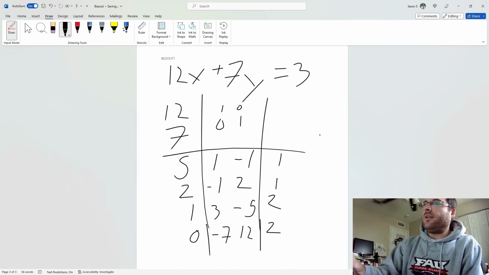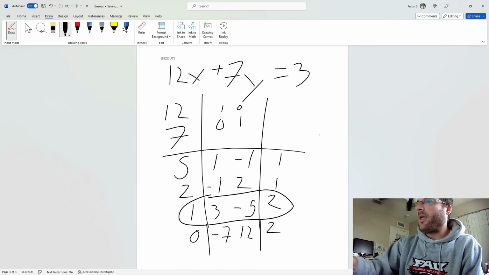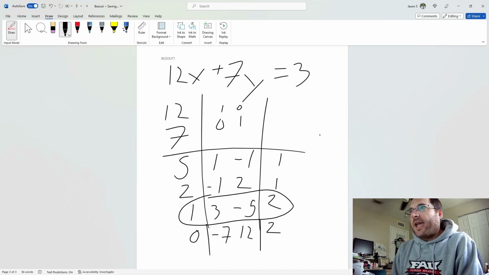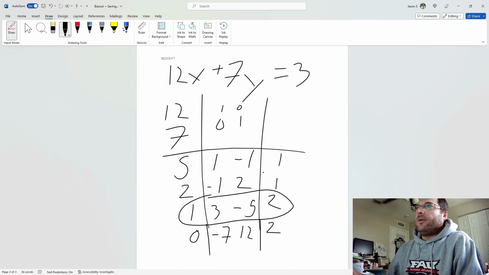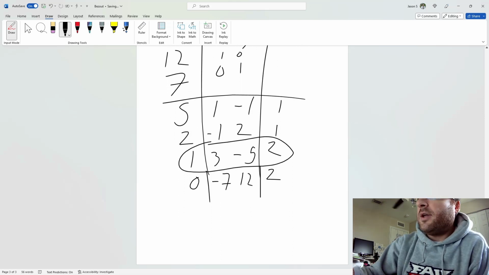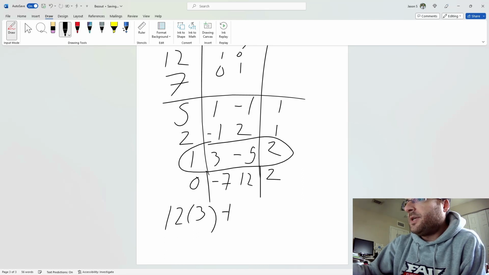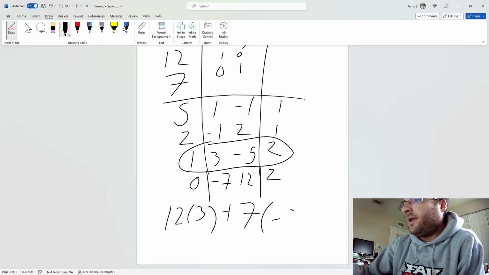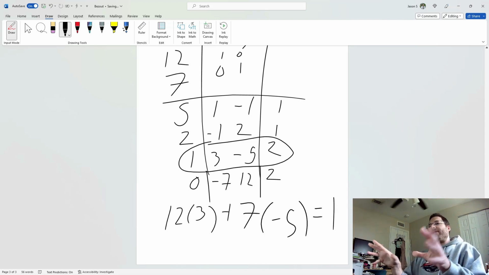Well, let's look at this row right here. Now, this is saying 12 times 3 plus 7 times negative 5 is equal to 1. So here, let's scroll down a little bit. So how can we get this equal to 3?